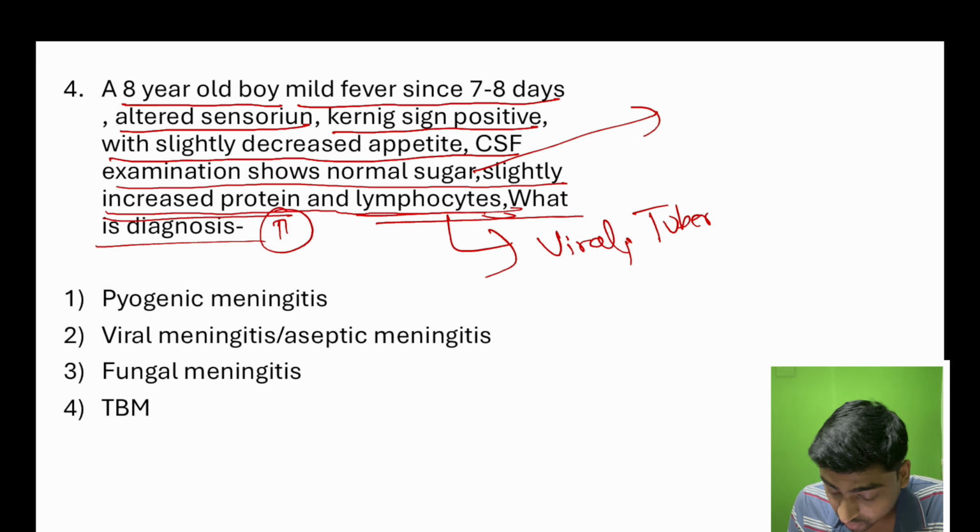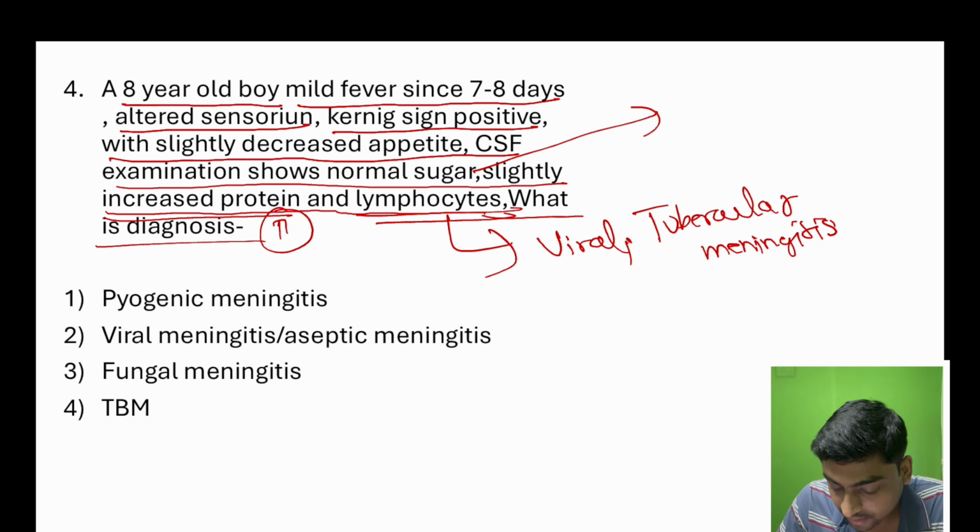But in tubercular meningitis, the glucose level is decreased very much, or it is absent in the CSF. So tubercular meningitis will be the wrong option.